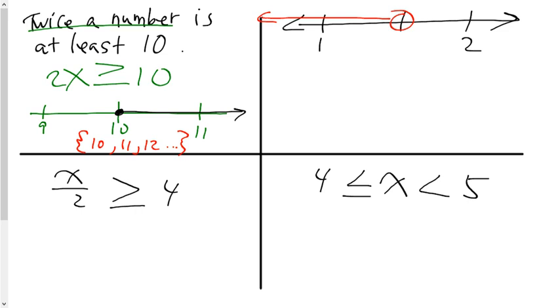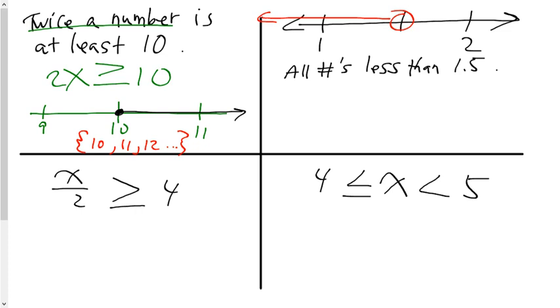In our second question, we have a number line. The middle one's not numbered, but you're supposed to infer that that's 1.5. So all numbers less than 1.5 is a statement that would encompass what that says. All numbers less than 1.5.